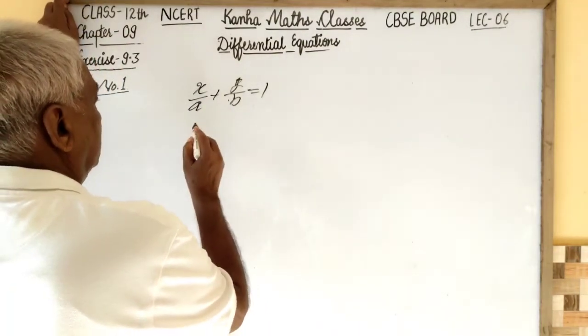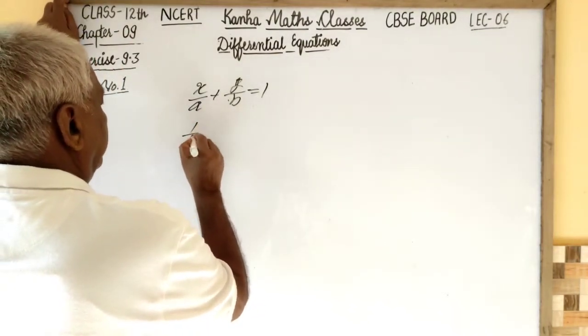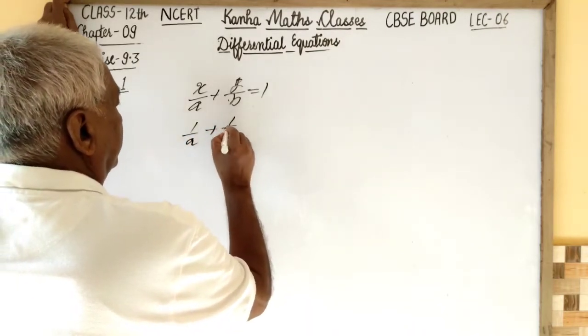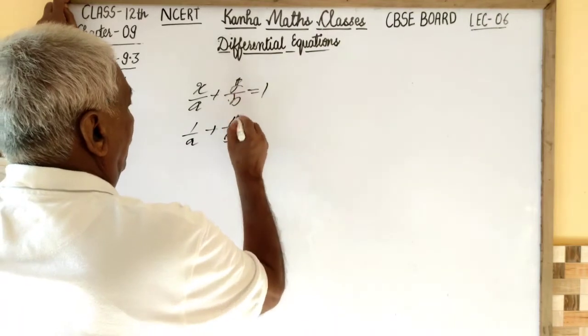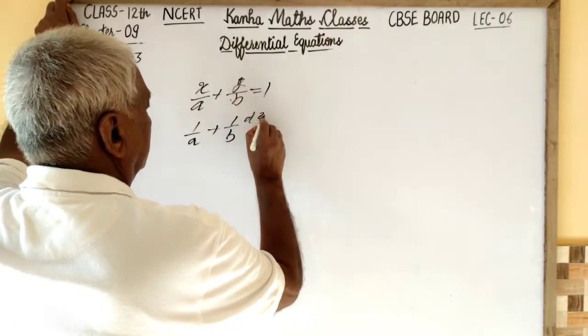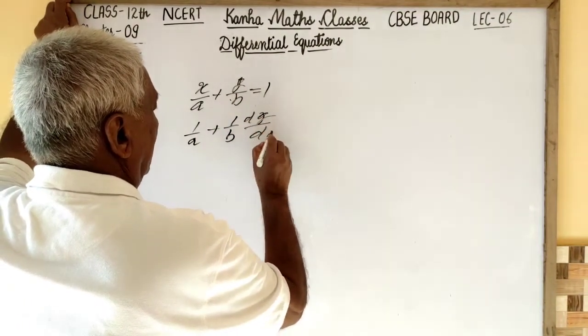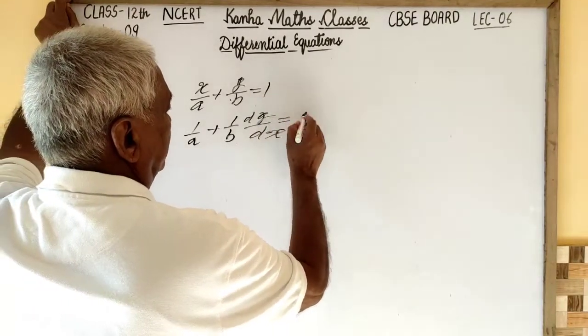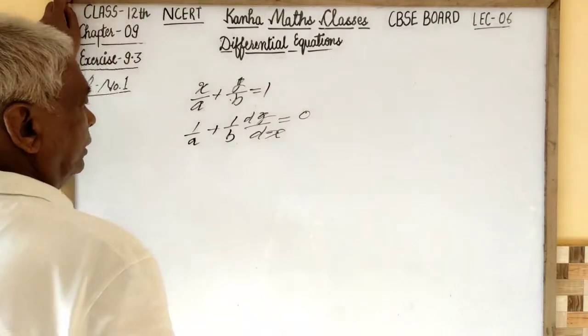Now, in question number 1, we will differentiate, taking the derivative of both sides with respect to x. We get 1 by a and 1 by b times y, meaning dy by dx, and the derivative of 1, being constant, is equal to 0.